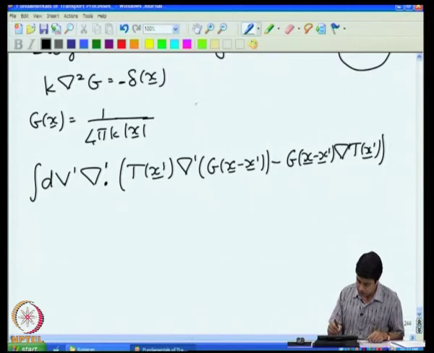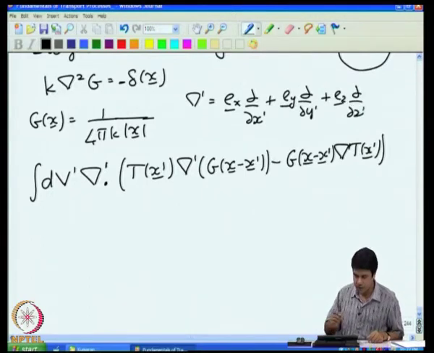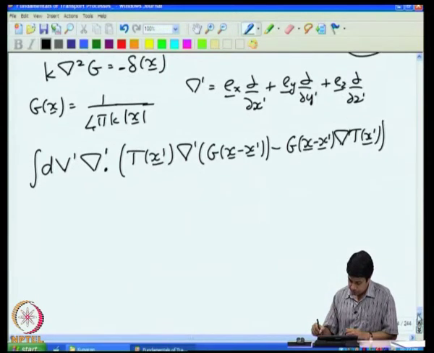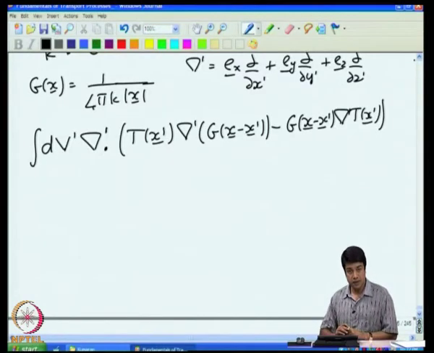So, the operator del prime that I define here is equal to e_x d by dx prime plus e_y d by dy prime plus e_z d by dz prime. So, that is the divergence operator with respect to the source point. This now I can expand out.